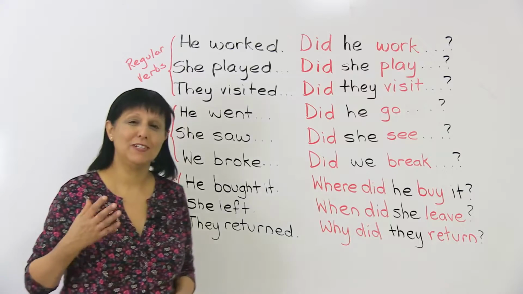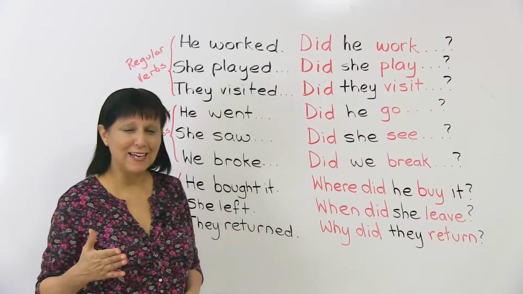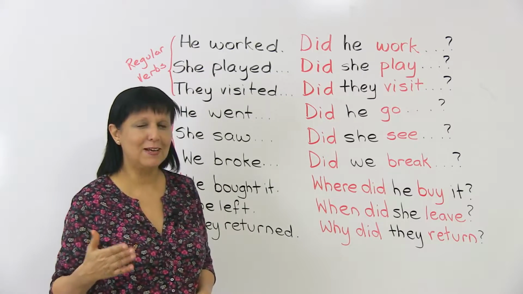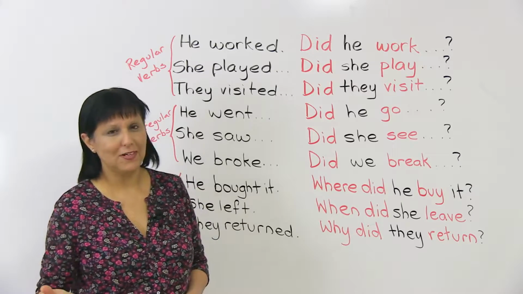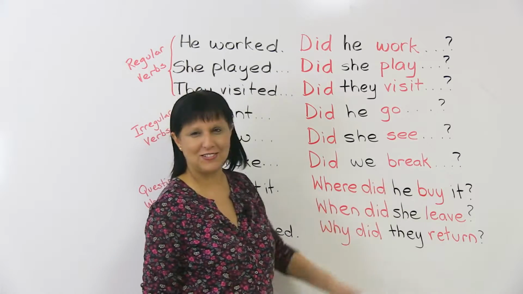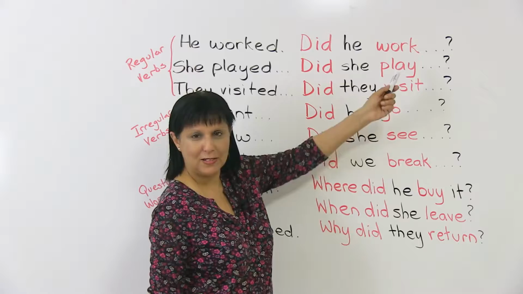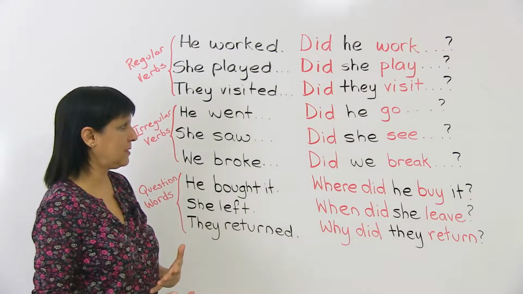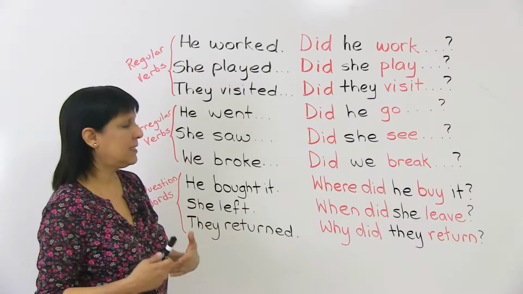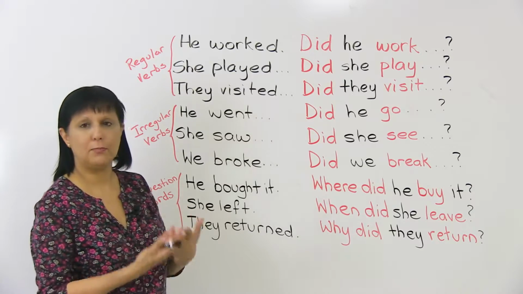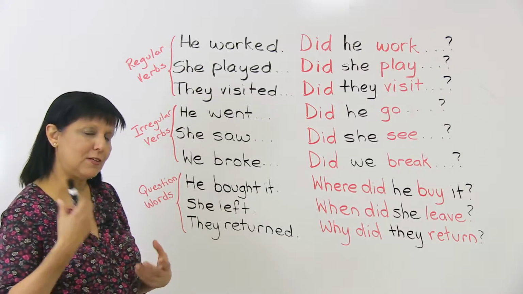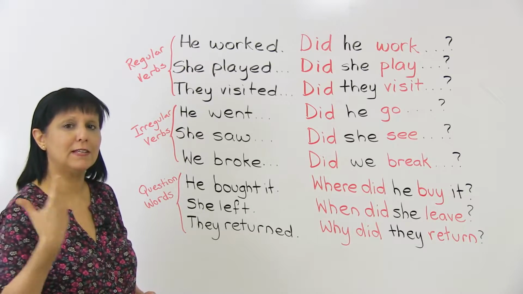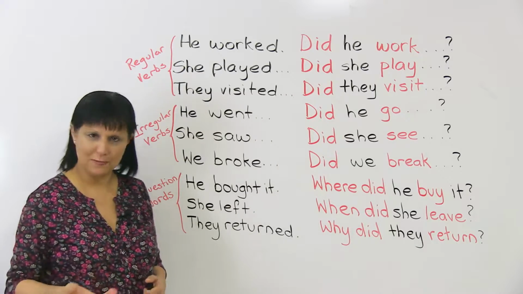I know you're going to get really tired of hearing me say that, but I'm saying it that many times so that it helps you to remember that we do come back to that in all cases, with regular verbs or irregular verbs. Okay? There is a pattern to it. Did he go? Did she see? Did we break? Okay? Like that. Try to hear it. Try to say it aloud as much as you can as well.